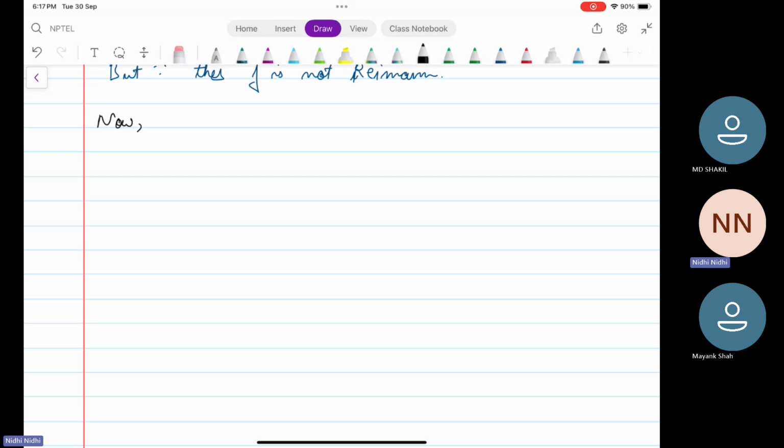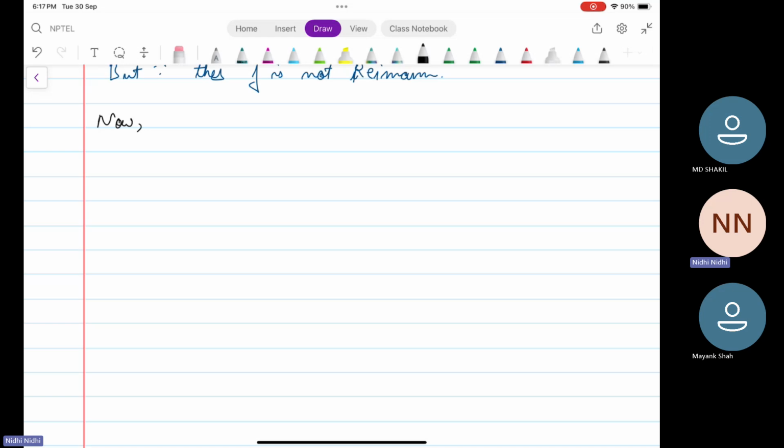So what is this? Summation n from 1 to infinity of 1 by n. The summation of 1 by n diverges. So the integration diverges, it will not be integrable if we consider such a function. So basically, you are taking triangles. In this case also, you'll have to construct a sequence.